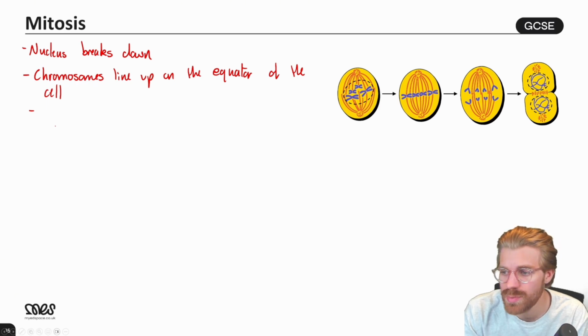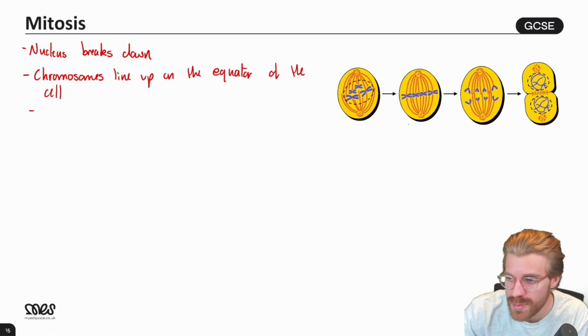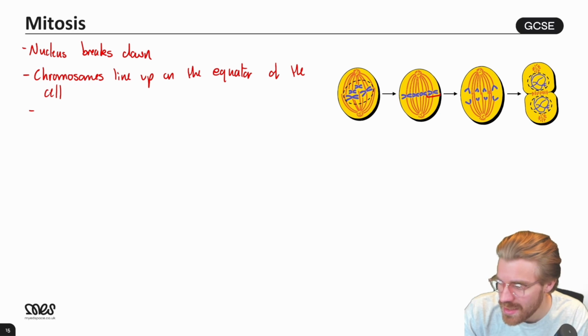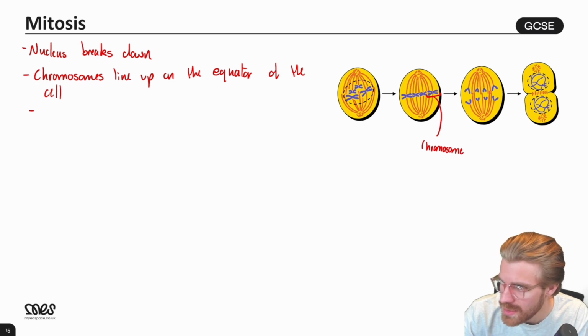We call each part of the chromosome a chromatid. So this here, this X structure, this is a chromosome. And on the right here, one part of that chromosome we call a chromatid.